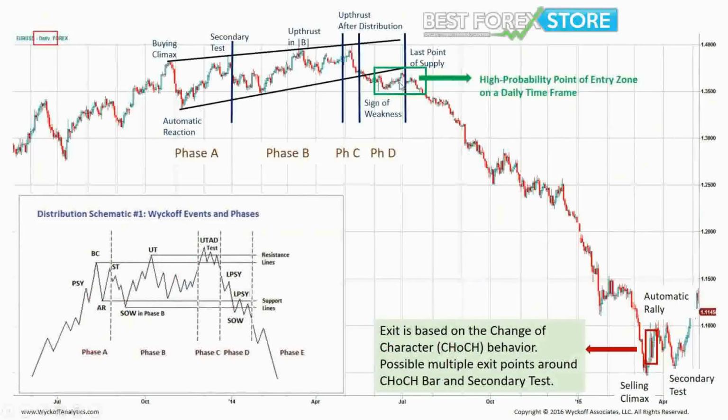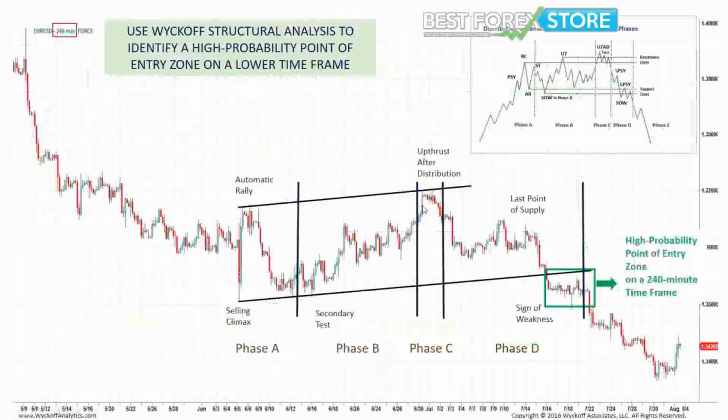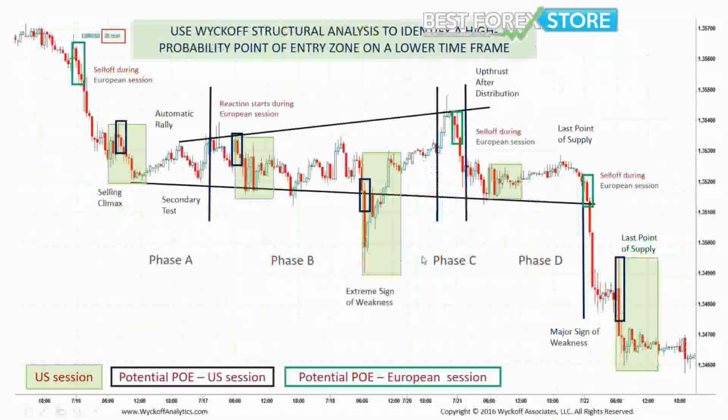I mean, we understand that the long-term bias is to the downside, but how can we open a high probability position in the lower time frame? So going to a higher time frame on the intraday, a lower time frame on the intraday, and even lower on the points of entry.